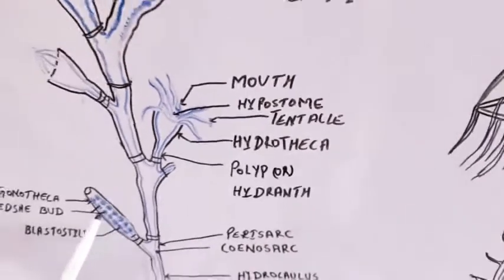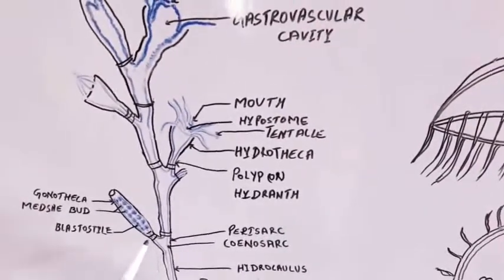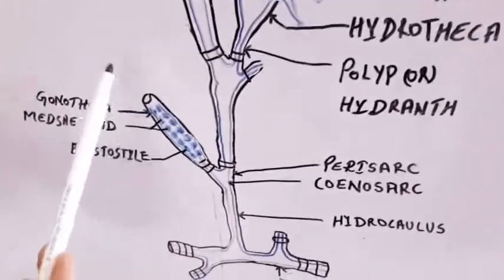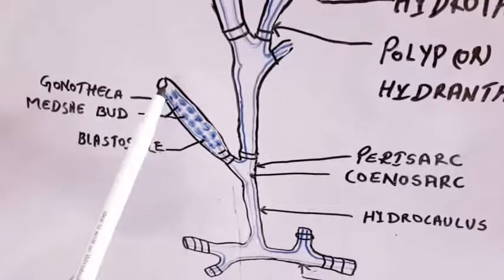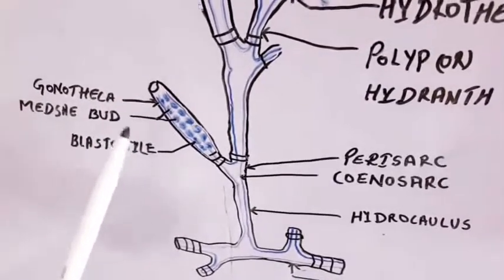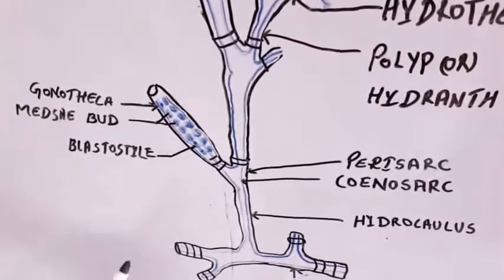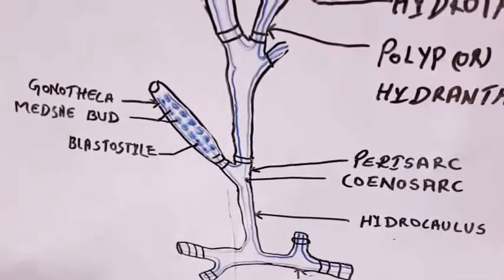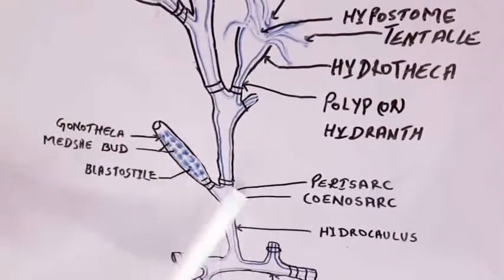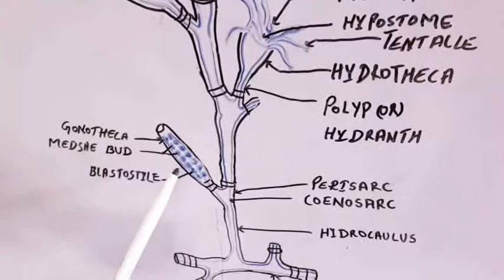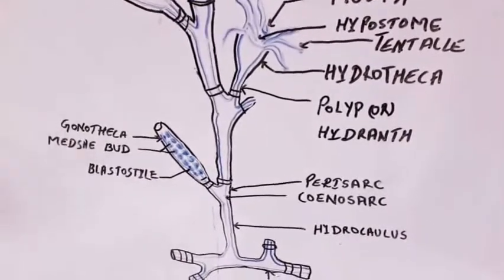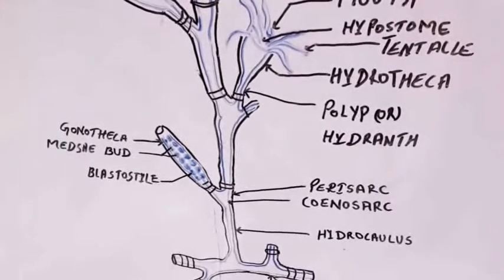Here you can see, towards the hydrocaulus there is a modified polyp that is called a blastostyle. The blastostyles are the budding zooids. Here the Obelia polyp, medusae, blastostyle and hydrocaulus are made up of ectoderm, mesoglea and endoderm.